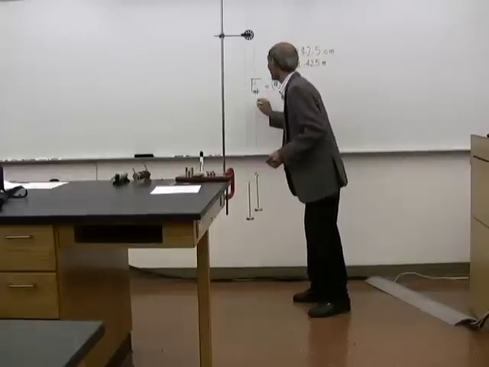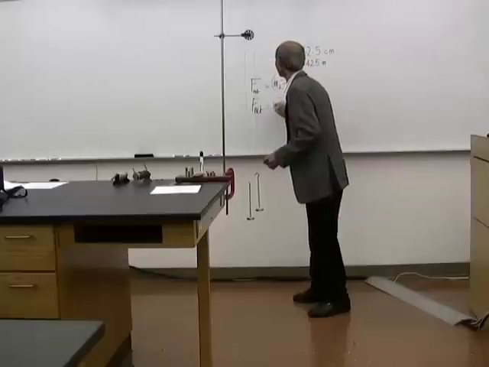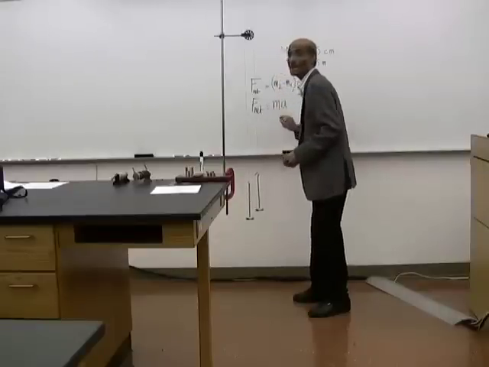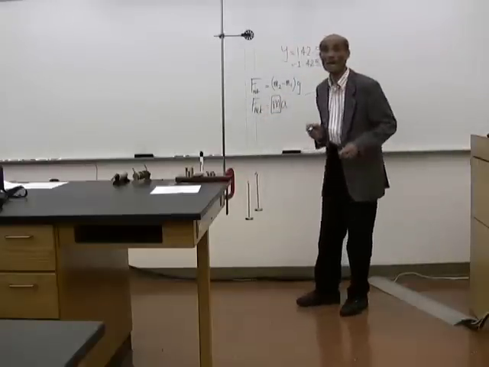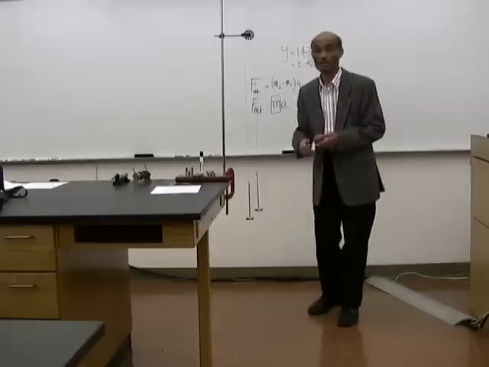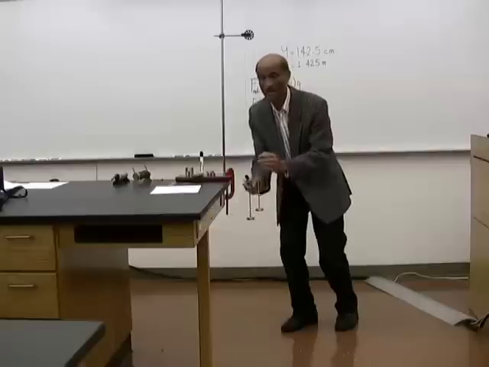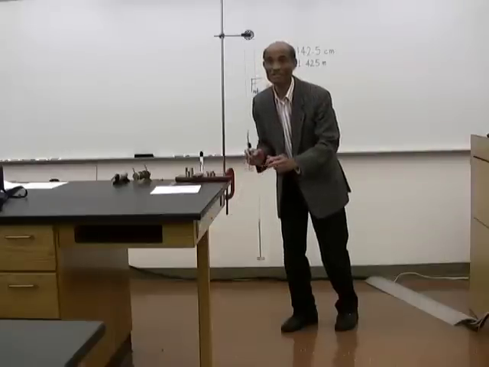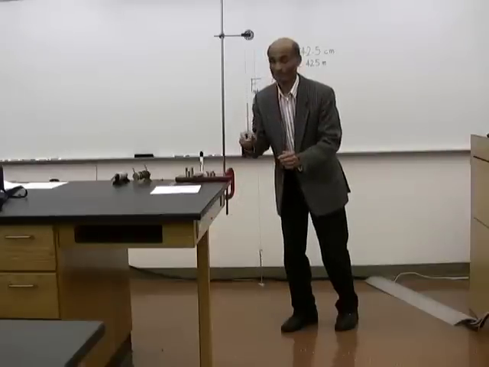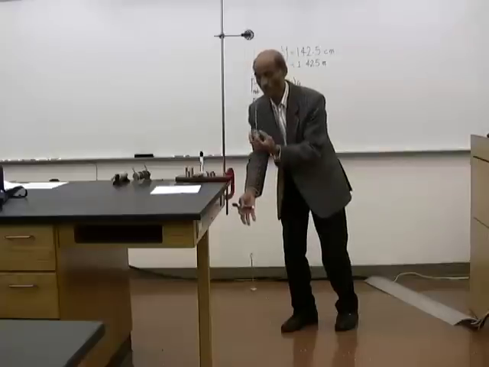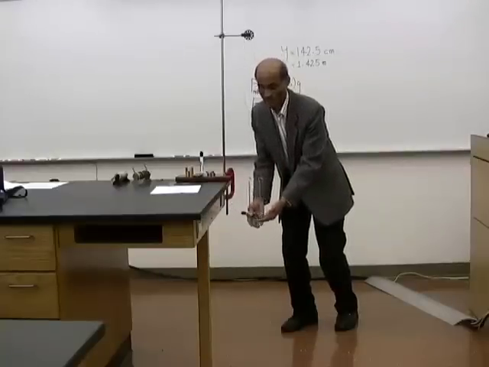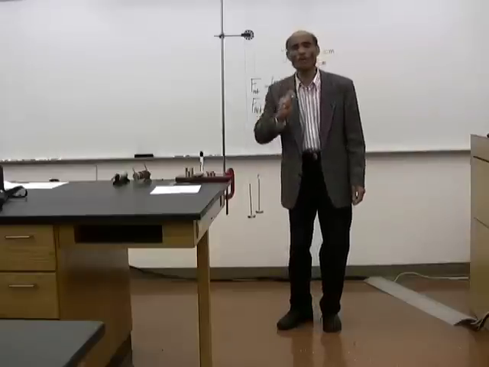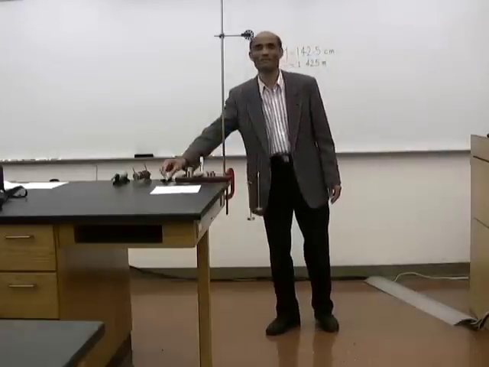According to Newton's law, F net must be equal to MA, where M is the total mass in motion. What is the total mass that will be moving when I set the system in motion? The total mass moving will be M1 plus M2. But there is a little more correction that you need to apply.